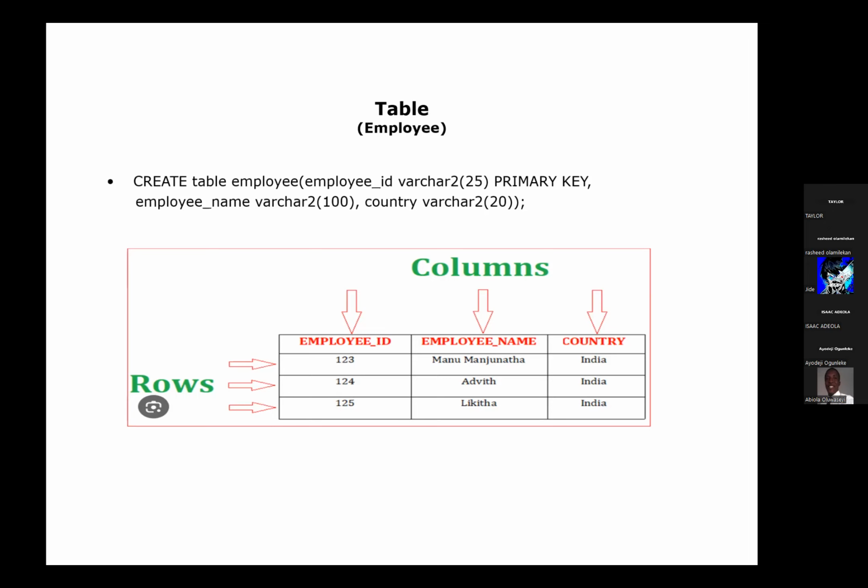There are data types, like numbers: if you create a variable like employee ID and use number, it strictly allows only numbers. VARCHAR can allow numbers, alphabets, or both. So when you want to store your pictures or videos, you use BLOB or CLOB as a data type. It can actually keep your information.